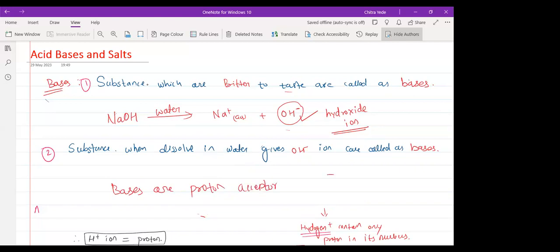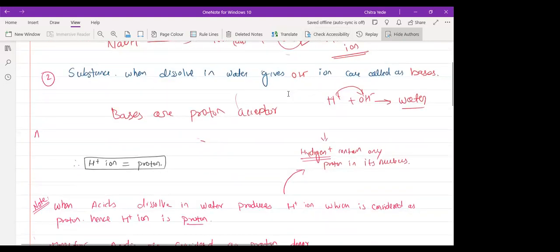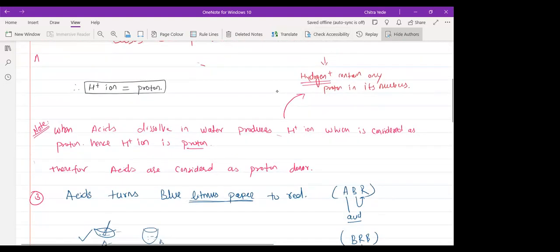See, acid produces H positive ion, right? And OH accepts that in order to form water. So that's why bases are called proton acceptors.